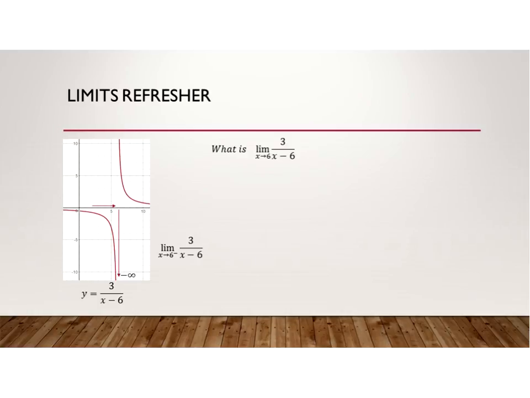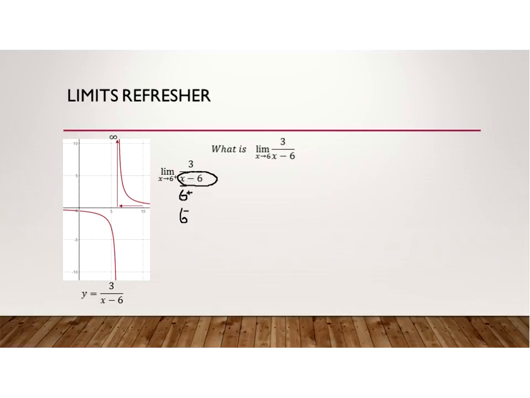We can come in from the left, from below 6. If we do that, the graph is going down, heading off to negative infinity. We can come in from the right, above 6, in which case the graph is going up. The reason is that x minus 6 has a different sign depending on which side of 6 you're on. For a number just above 6, x minus 6 is positive, so the whole thing is really big but positive.